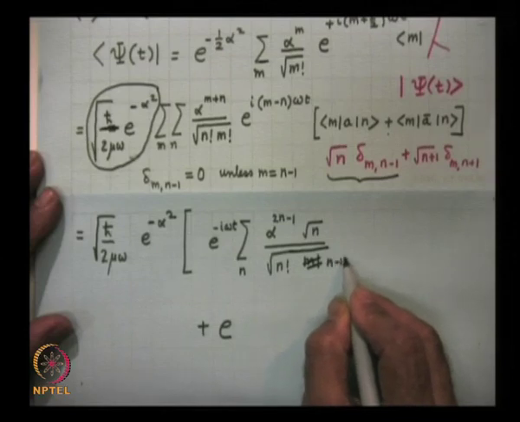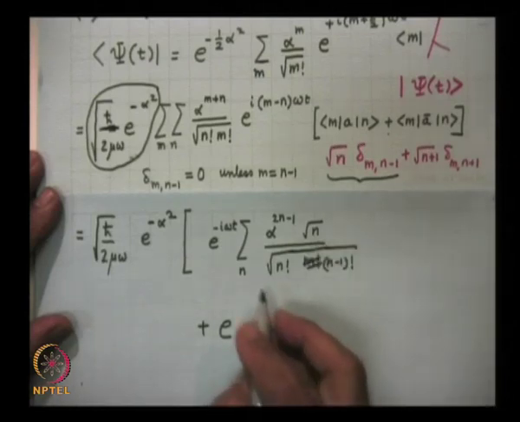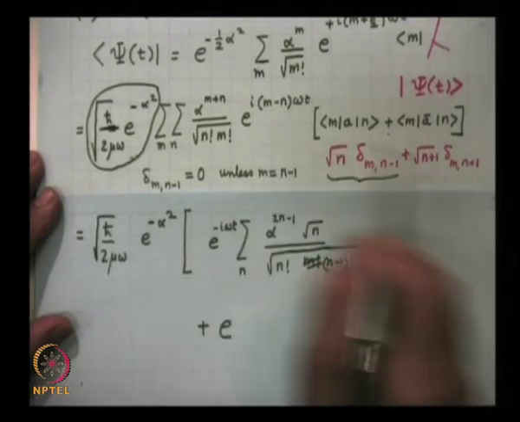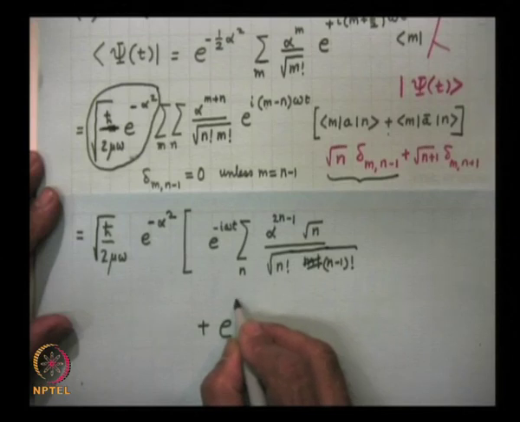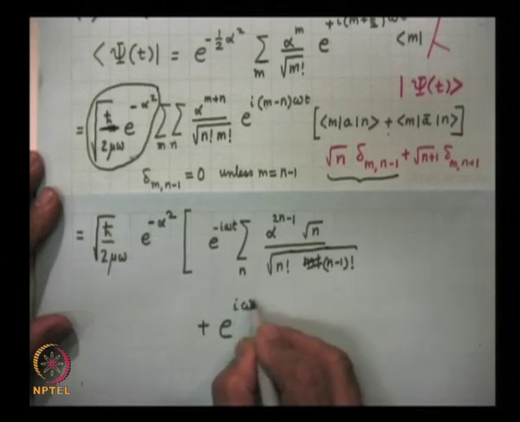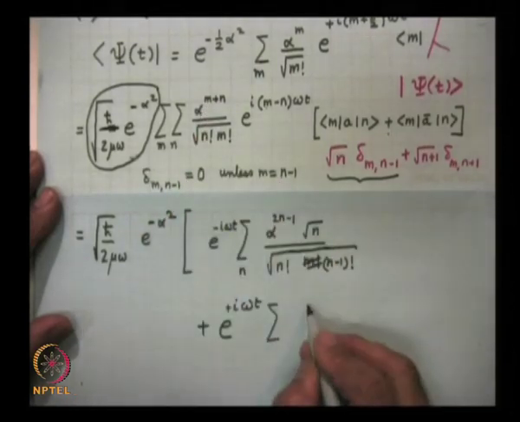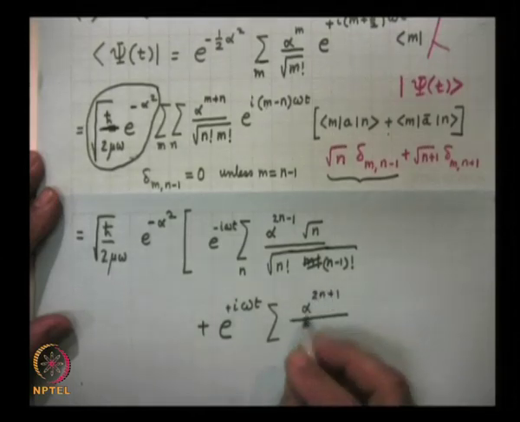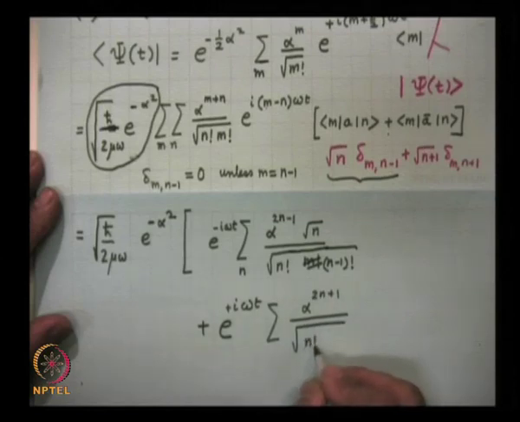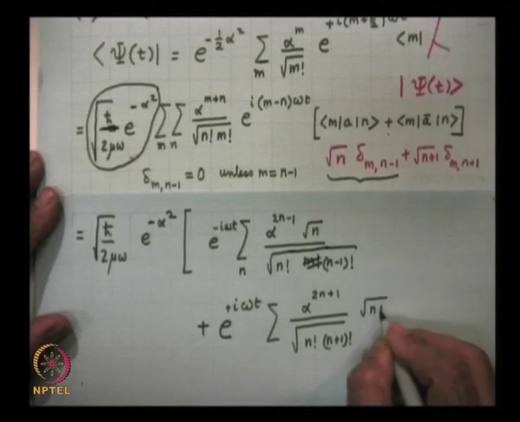So, this will be n minus 1 factorial, and this term will be e to the power of, m is n plus 1, so n plus 1 minus n is 1. So, this is plus i omega t, sum over m is n plus 1. So, alpha to the 2n plus 1 divided by square root of n factorial, and m factorial is n plus 1 factorial, multiplied by square root of n plus 1.